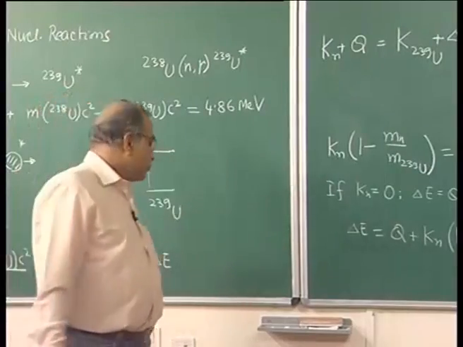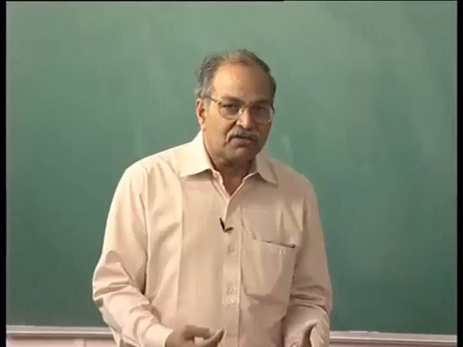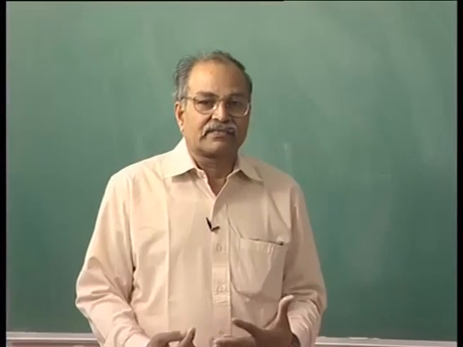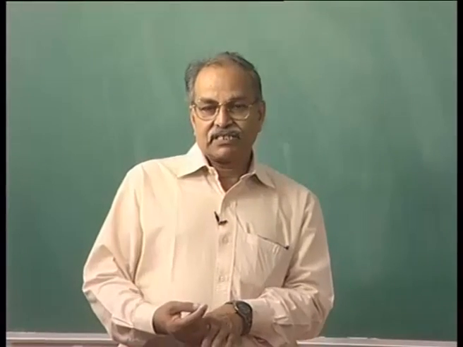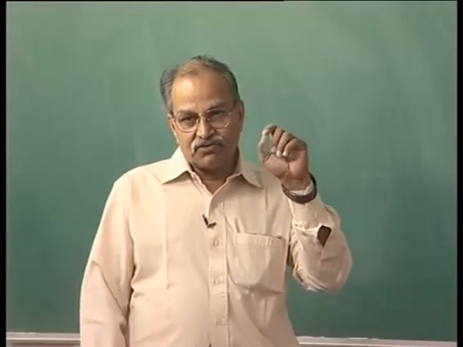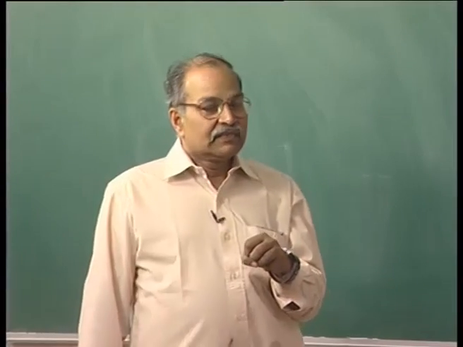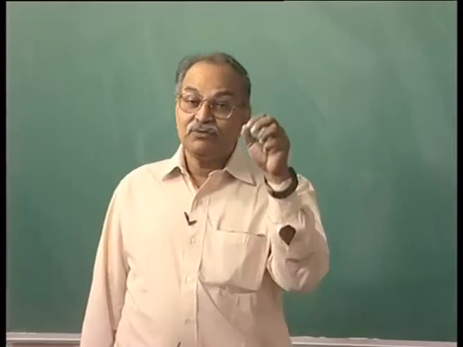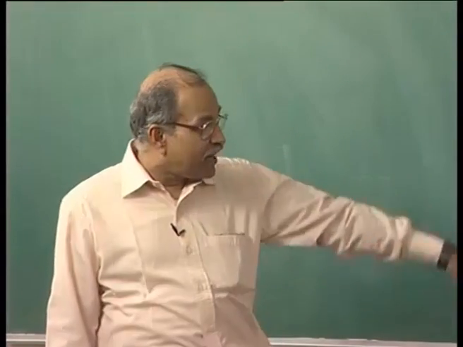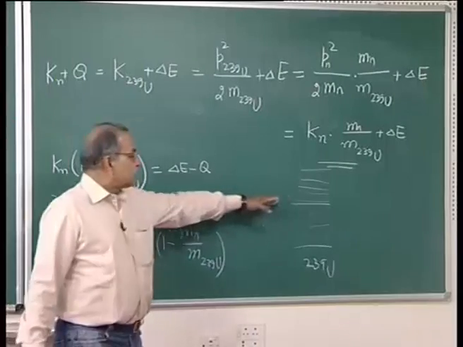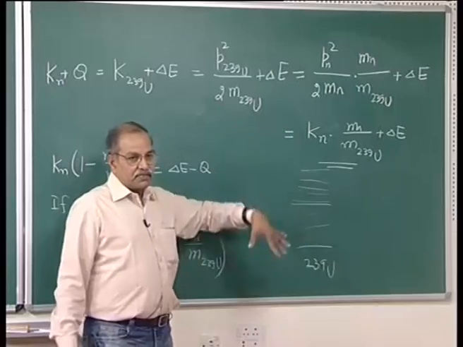So, if you look at the variation of the cross section of this reaction, which is related to the probability of this reaction, which means the probability of this neutron getting captured by uranium 238, that will have large values for certain kinetic energies, which will match these energy levels that exist, and if they do not match, the probability will be low.